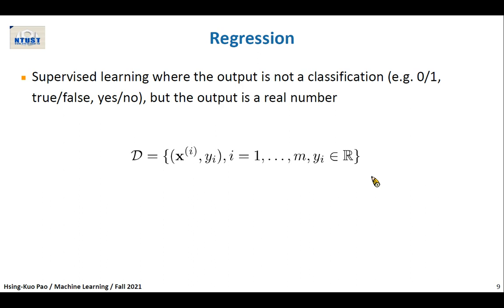Probability is numerical, it's not just 0 and 1, it's between 0 and 1. So sometimes what we want to predict is not y, but the probability of y equal to 1, which is between 0 and 1. That case is also a regression problem. You got that?